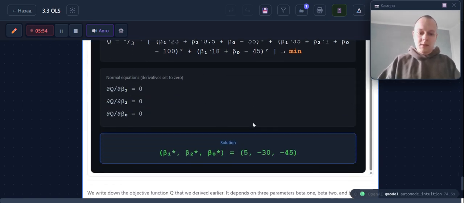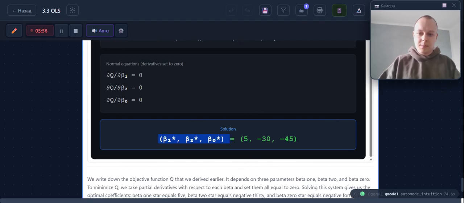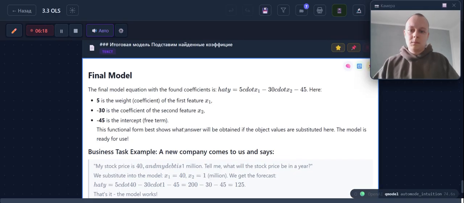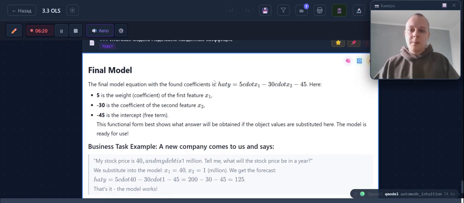So basically, yes, these three beta coefficients are the best possible coefficients to explain how our features, x values, depend on y on the graph. So we apply this to our prediction, y hat.